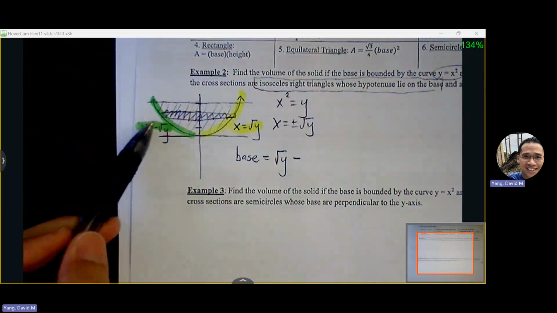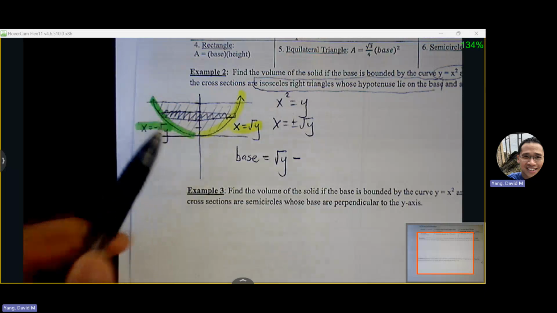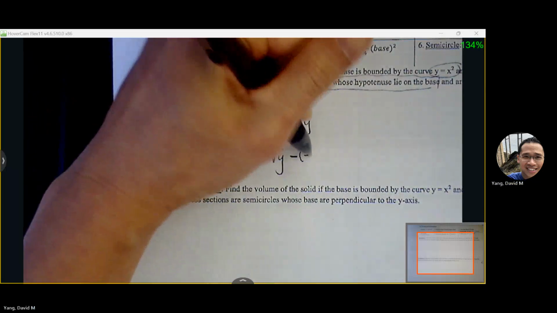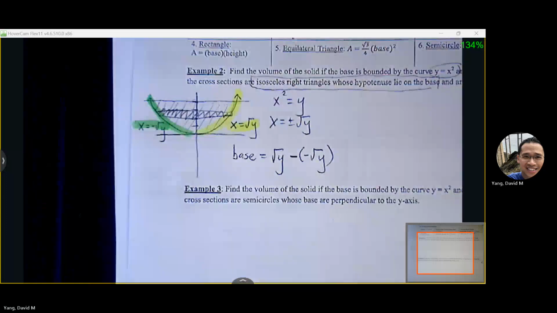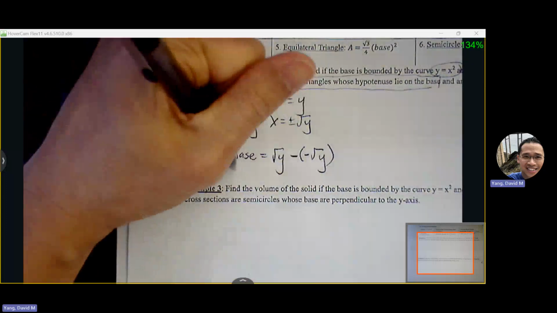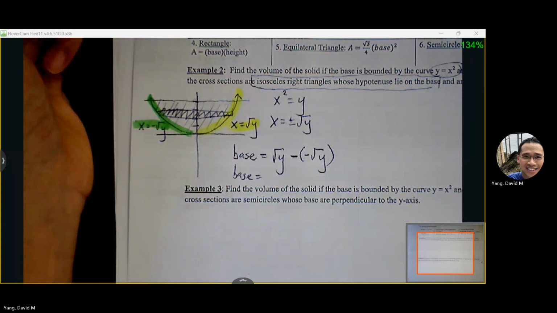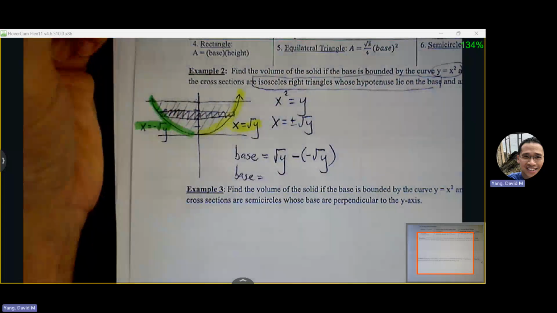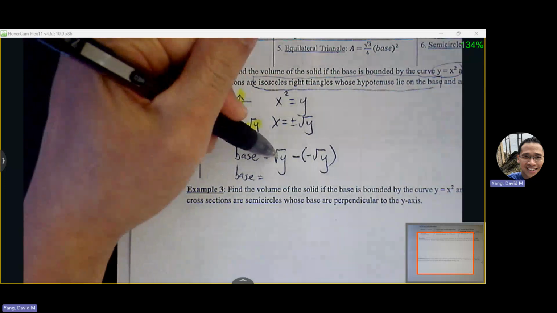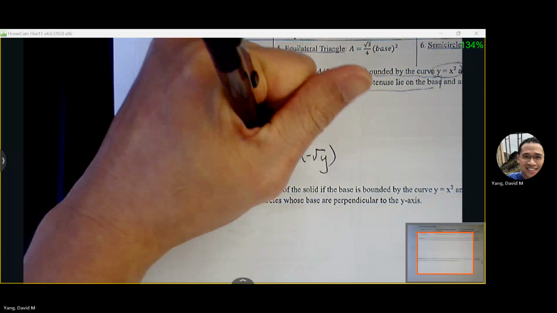The left endpoint of my base length is sitting on the negative root y. So what's root y minus negative root y going to get us? Two negatives cancel out. We get 1 root y plus 1 root y, which is 2 root y.